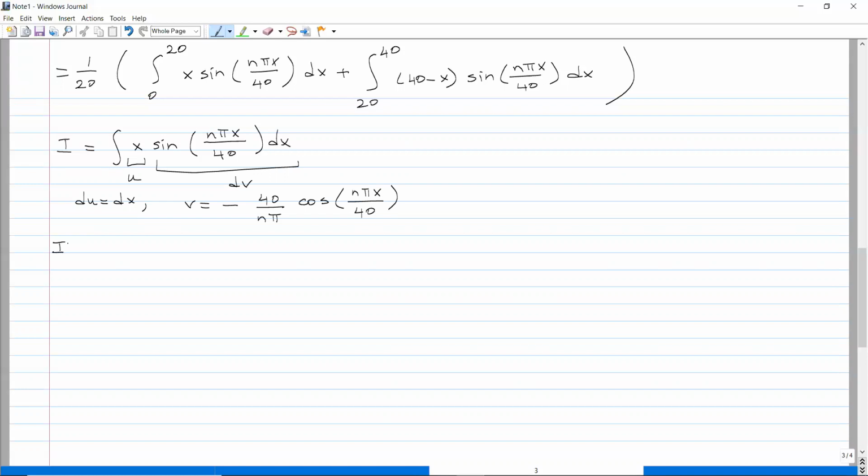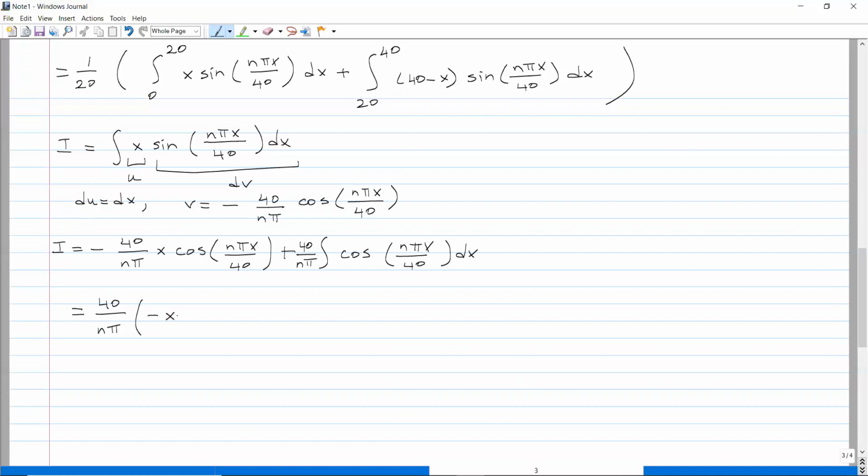So the integral I is equal to u times v, minus 40 over n pi x cosine n pi x over 40, minus the integral of v du. So minus, this becomes plus 40 over n pi cosine of n pi x over 40 dx. So let's take out 40 over n pi.